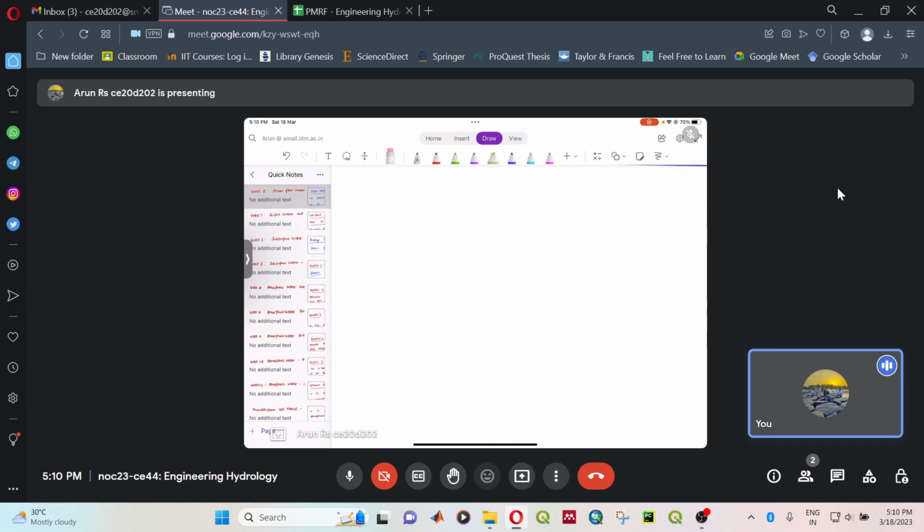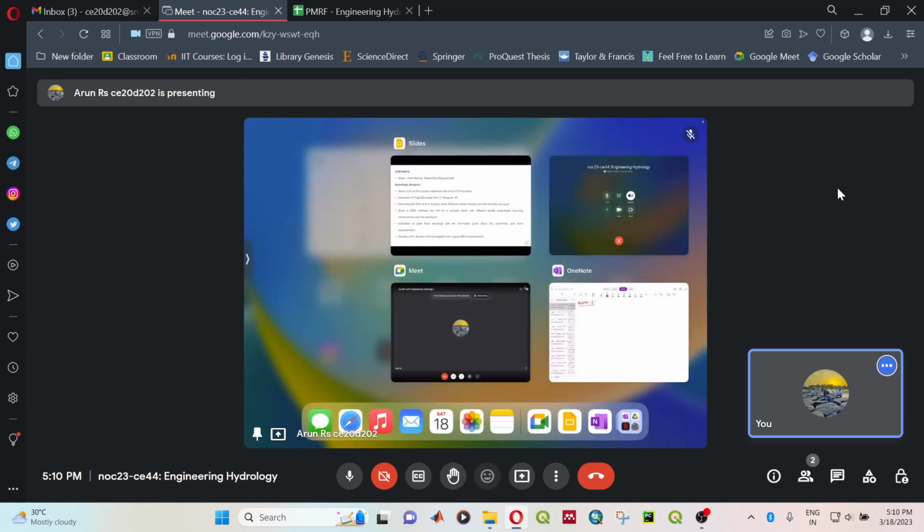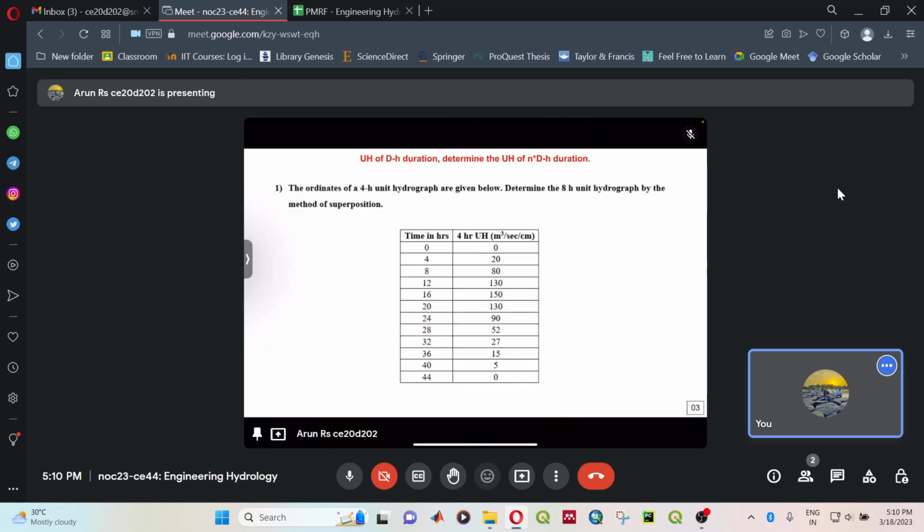So now let's move on to the different problems. So the first question is, the ordinates of a 4-hour unit hydrograph are given, and we need to determine the ordinates of an 8-hour unit hydrograph by the method of superposition.